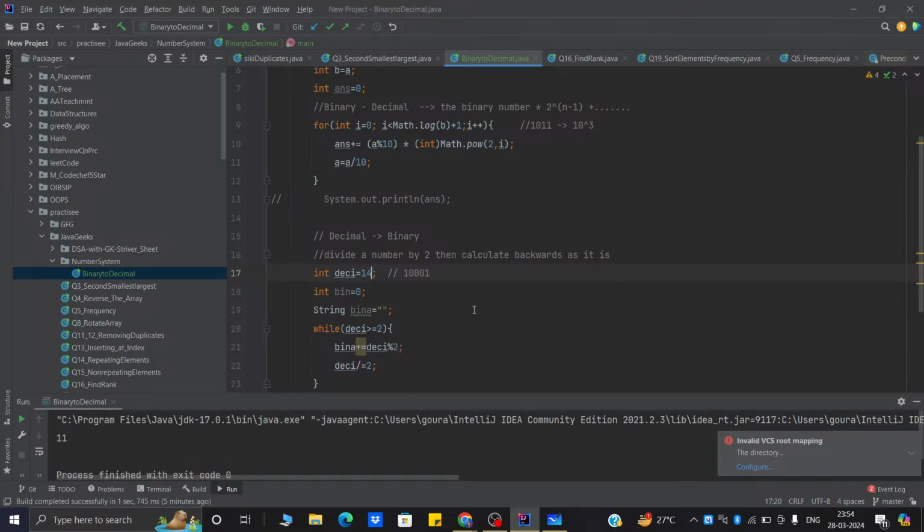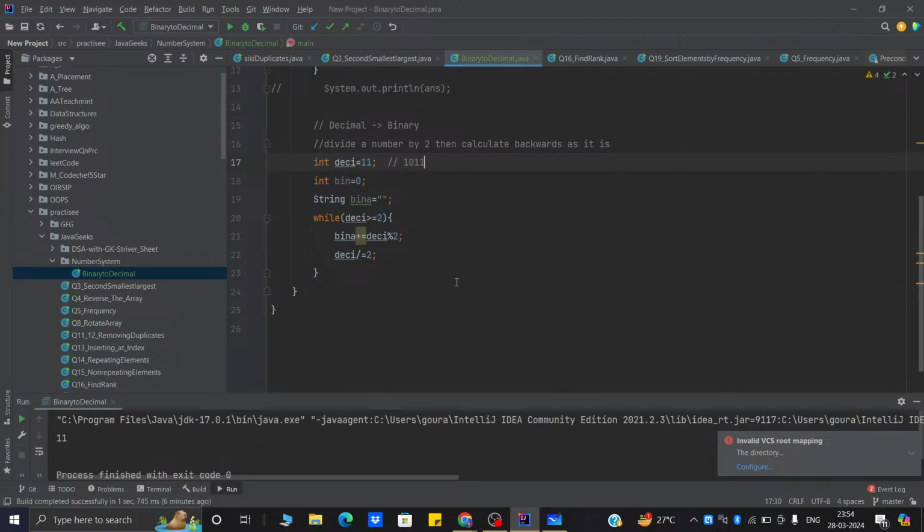What is the binary of 11? That was easier, we have done it: 1011. So I think the answer here will come as 1101. Let's see.